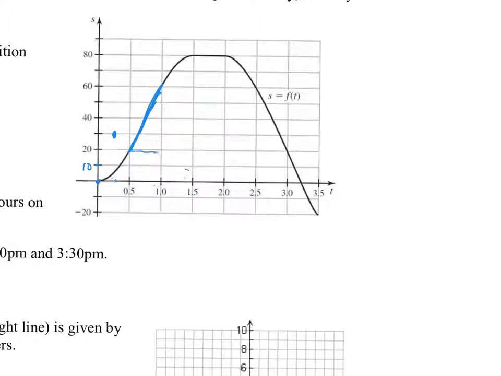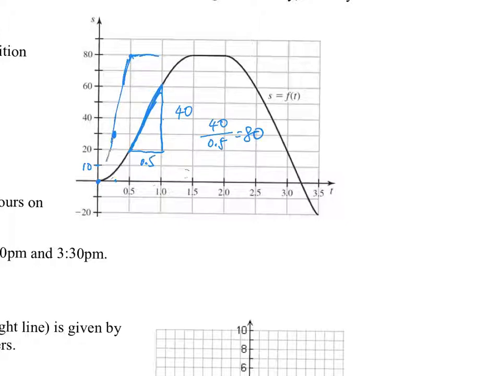So if you make a rough estimate here, 1, 2, 3, 4, the 40 change on top and 0.5 change on the bottom. So 40 over 0.5, which is 80 miles per hour. So during this period, I'm going to say it's about 80 miles per hour, and it's about the same everywhere.